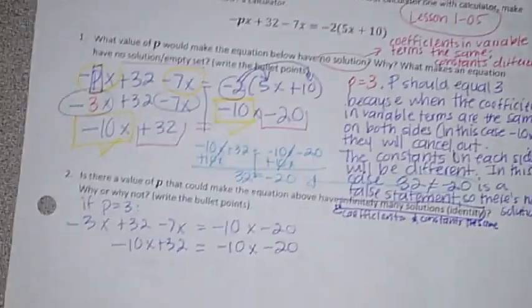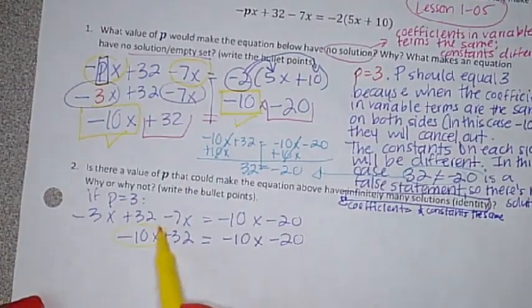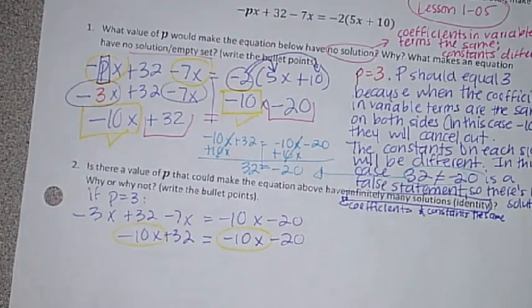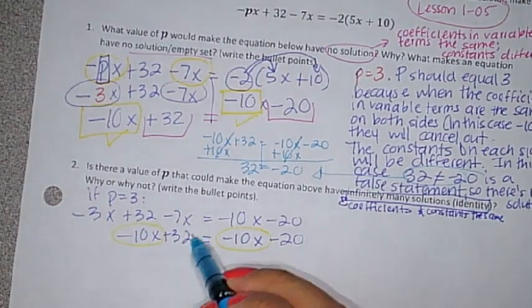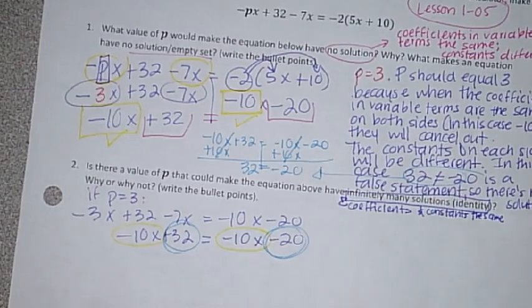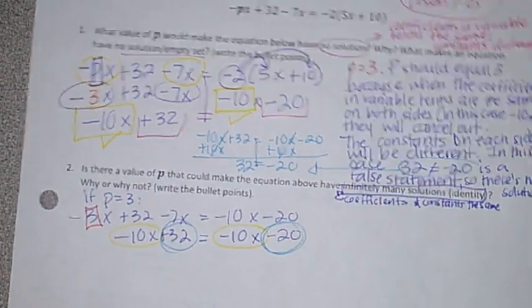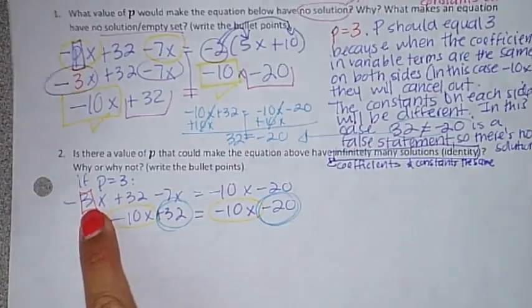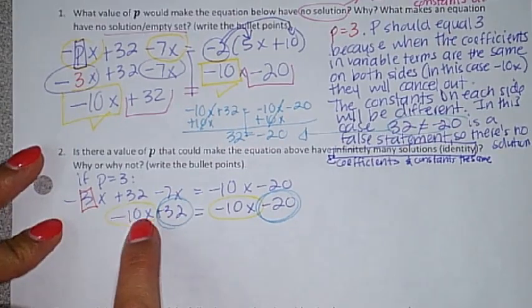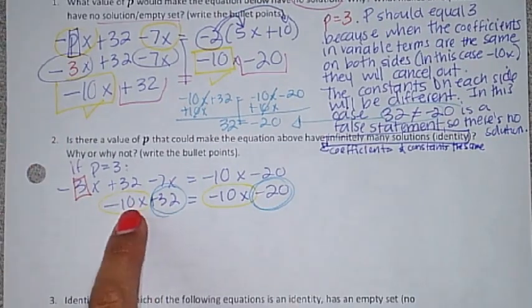So I successfully changed those, but in order for me to have an identity, these would have to be the same. Okay, and remember P, it was just this. I changed this to 3. So changing the P right here would only change the term with the variable, in other words, a coefficient.